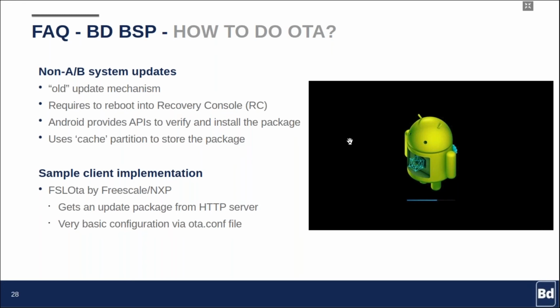So this is a great system, but it takes more storage than the non-AB system. That is why we stick to the non-AB one. Therefore, we only have a simple OTA solution that we provided with our base BSP, which is provided by Freescale, the Freescale OTA application.